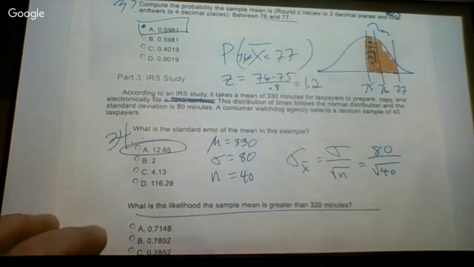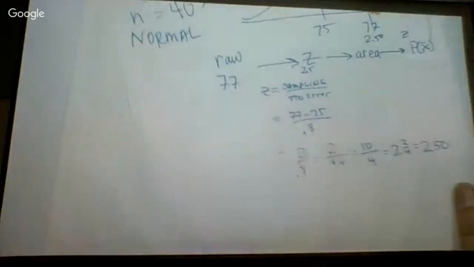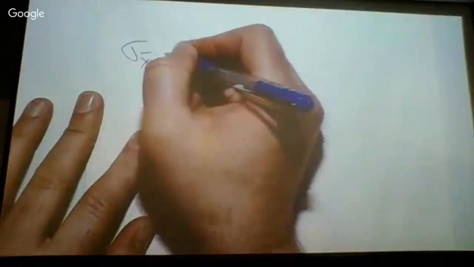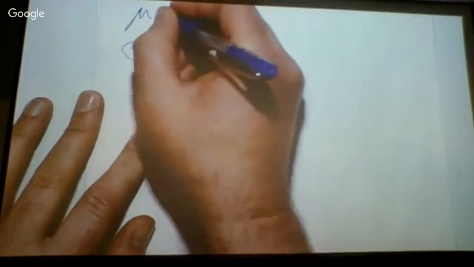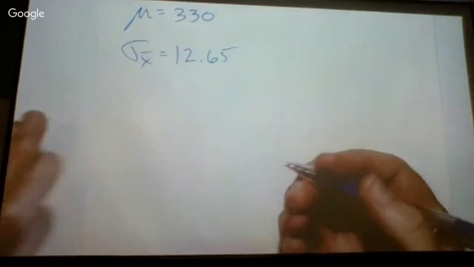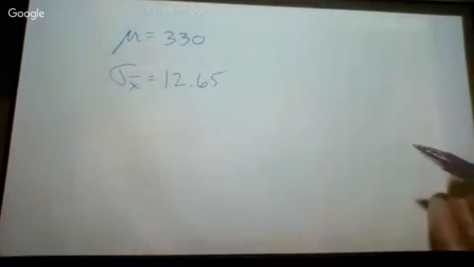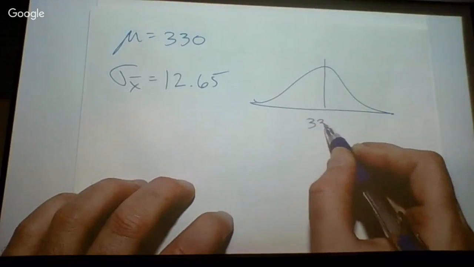Now we want to do greater than 320 minutes. At this point, I care about the standard error being 12.65, and mu is 330. My sample size, I don't even care about. These are really the two pieces of information I need now. 330 is in the middle.